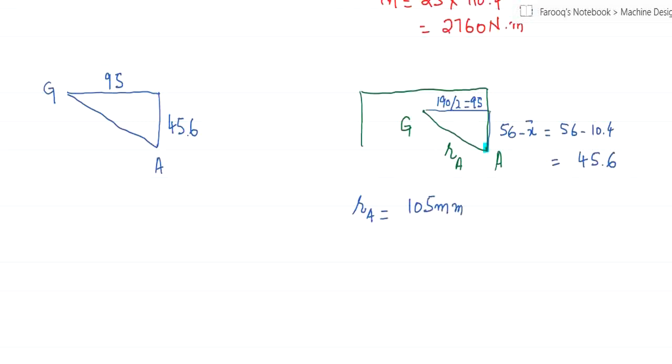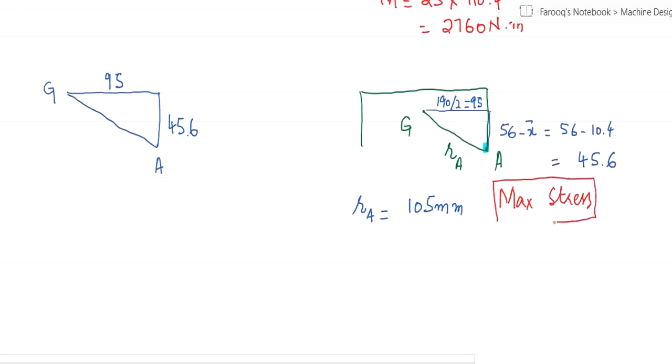But remember that we wanted to find the maximum stress. And we do not know if the maximum stress is going to be at point A or at some other point. So we are going to take these 4 points, these 4 edges or corners.